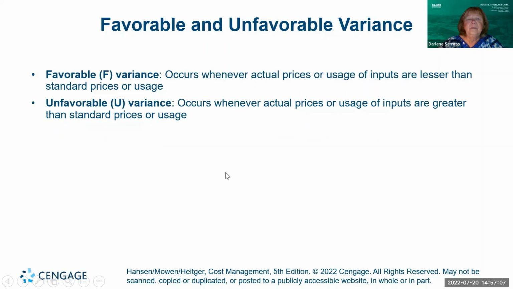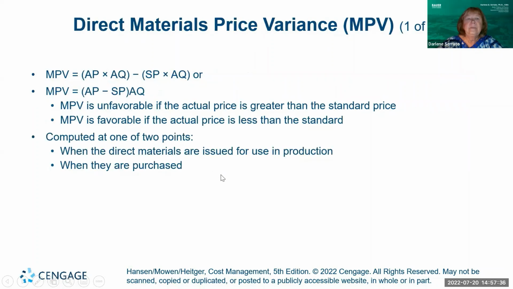Okay, so F stands for favorable. So when actual is less than standard, then it's a favorable variance. Actual less than standard, it's favorable. When actual is greater than standard, it is unfavorable. Okay? So this is the way I like to work the problems.